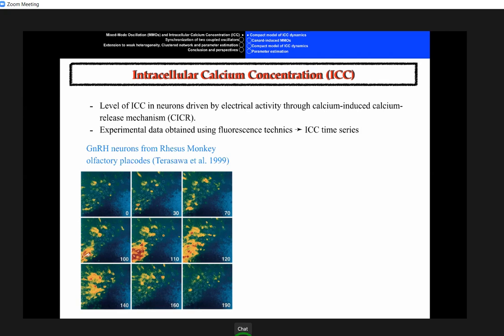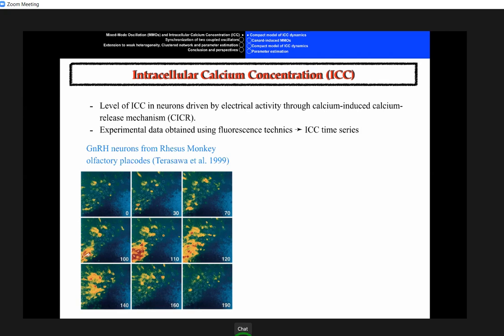It has the property to build, in vitro, a network that is quite similar to the GnRH neuron networks that we obtain in grown-up mammals in the hypothalamus. Okay, and here are some snapshots.